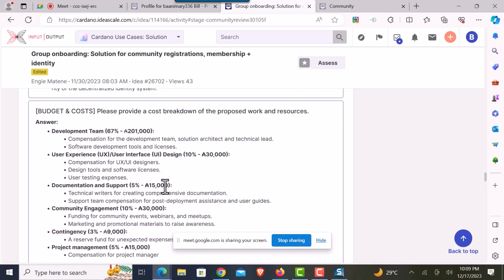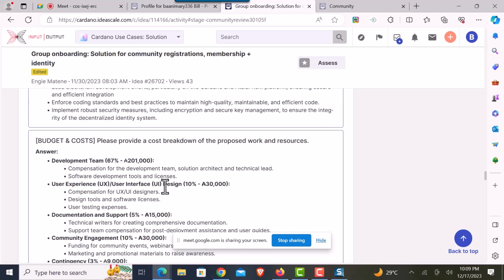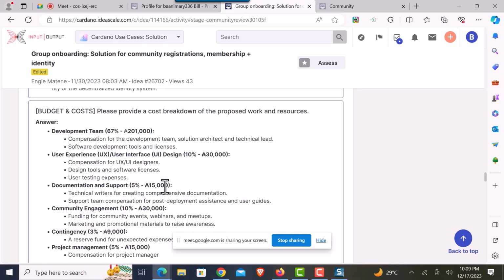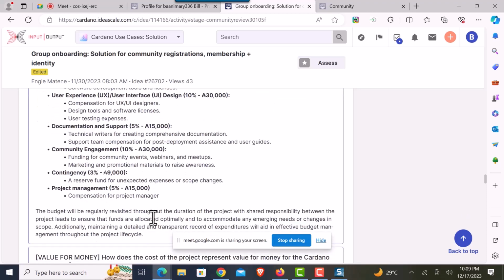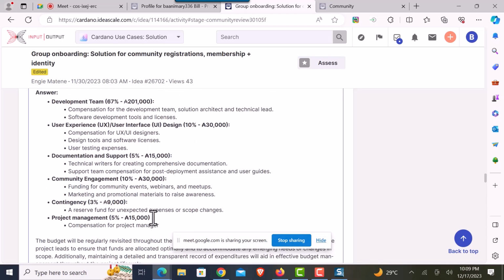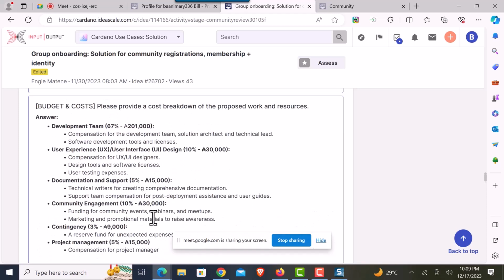It's broken down in a way, but I would have expected to see more breakdown. Though how it is now, we can appreciate it, but there is more room for a further breakdown or explanation.